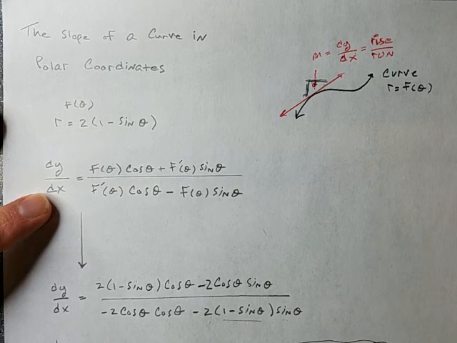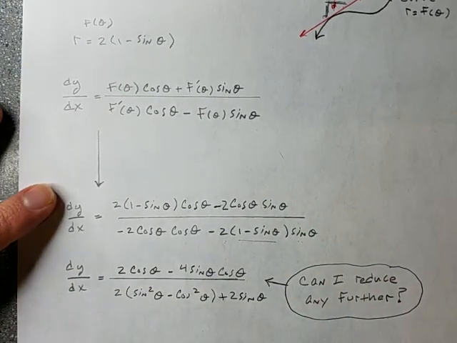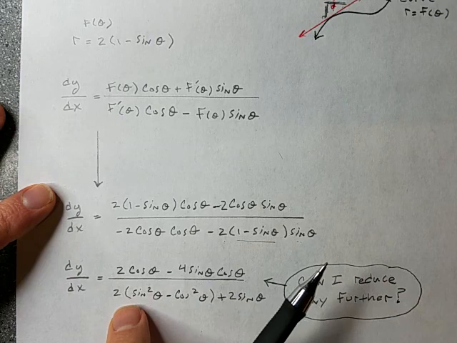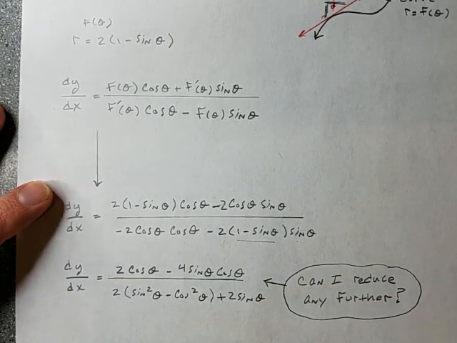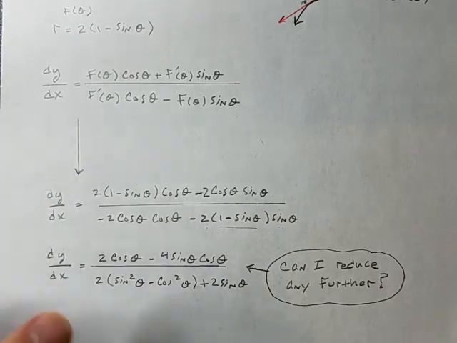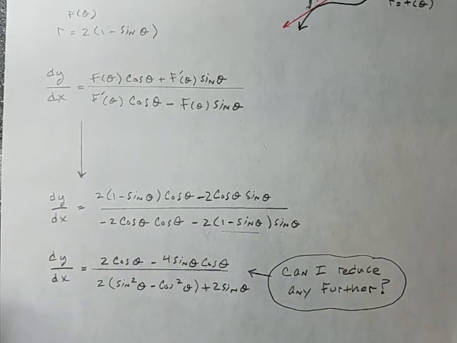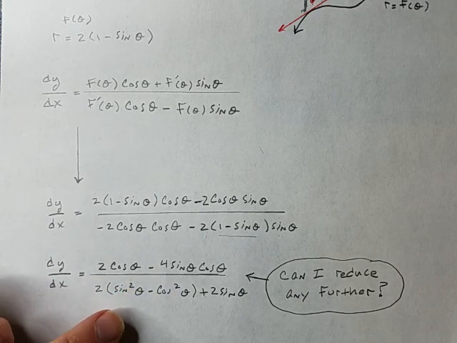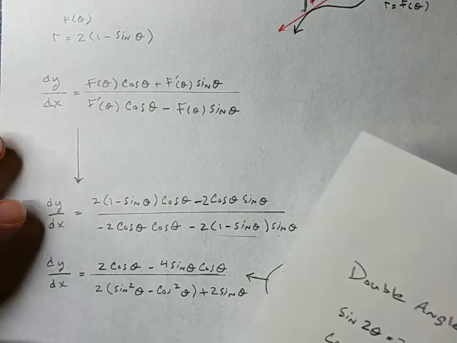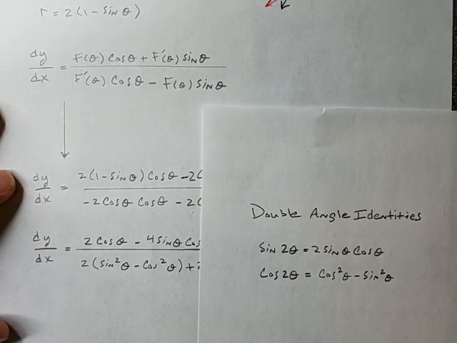I can do that also. If I do that, I'll get this. Now what I'm wondering from here is, can I reduce this any further? When I look at this and this, and I'm not just making this up for the sake of the video, I'm reminded of the double angle identities for sine and cosine.